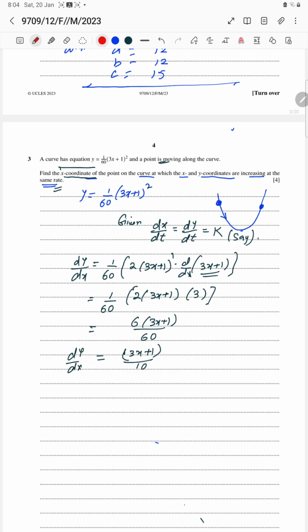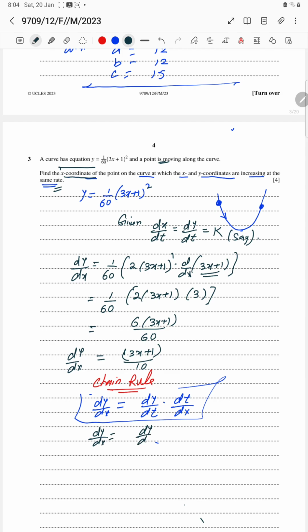Now here we need to apply the chain rule. Just recall what it says: dy by dx equals dy by dt times dt by dx. Now substitute the values here. We can write this as dy by dx equal to dy by dt times 1 over dx by dt.